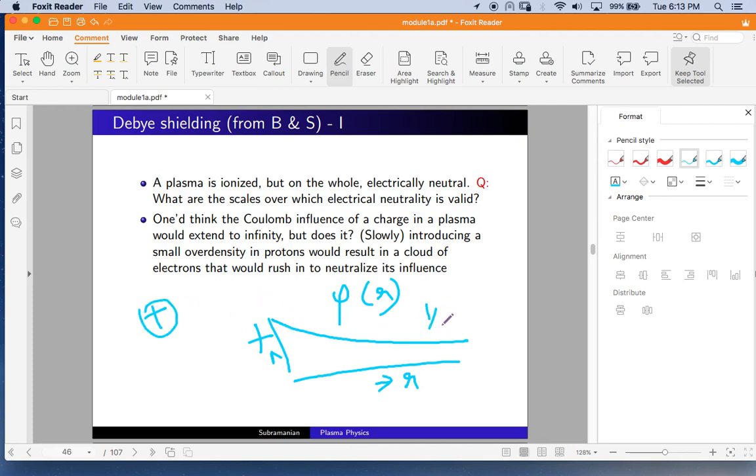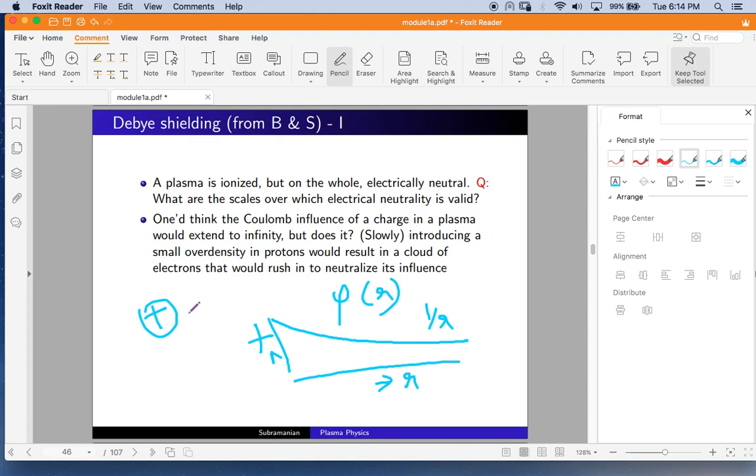It would have a 1 over r kind of fall off, right? But in a plasma, in a collection of positive and negative charges, does this really hold? This is the question we're asking. And if it holds, over what kinds of length scales would it hold? How small would you have to come down in length scale before you start to see charge imbalances?